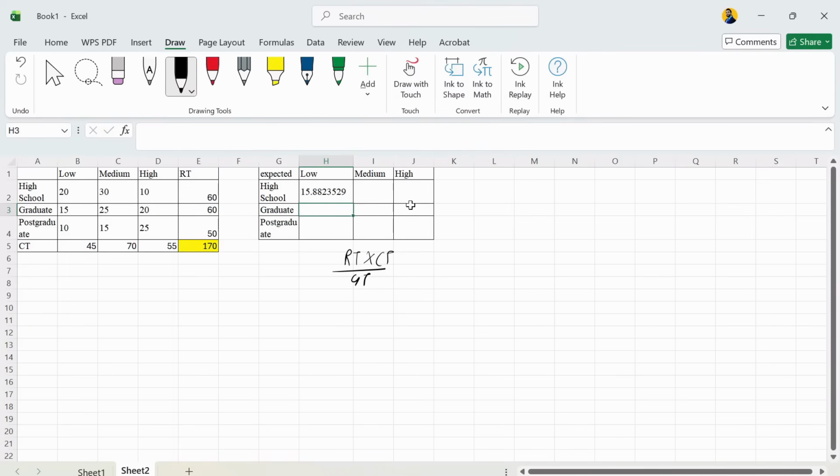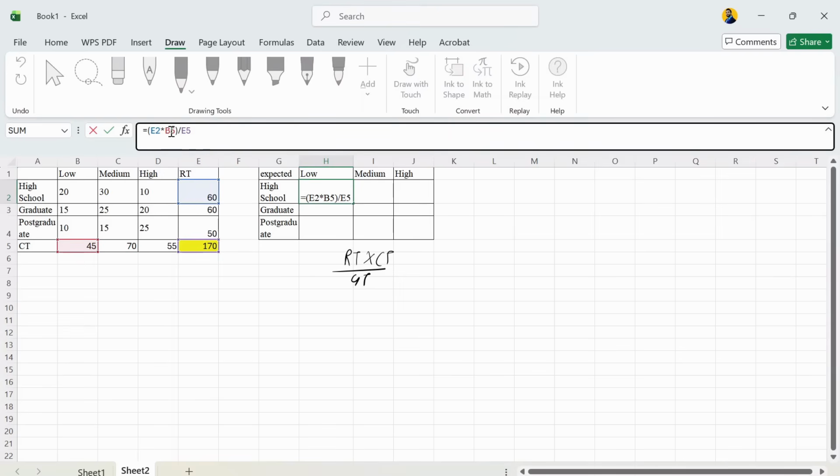You can do similarly for the others as well, or you can just fix the formula. For this particular value, I know the column total remains the same throughout these values, right? So I will just fix the column. The column is B5, so we will use the dollar sign here. You can simply press F4. Similarly, the grand total will also remain the same throughout the table, so we will use the dollar sign in the grand total as well to make the value constant or fixed.